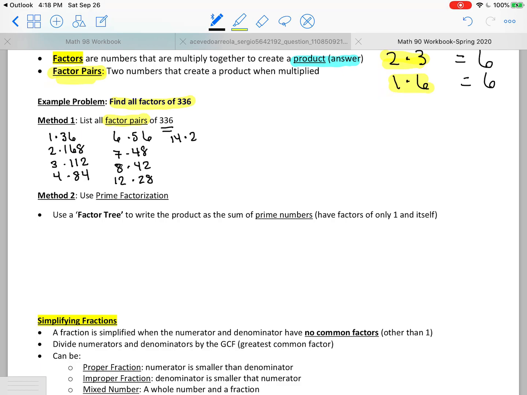So 14, you can see 14 times 24. These two factor pairs are getting closer and closer together. And so we know that we're closing the gap there between those. And therefore we know we won't have any more options. 16 times 21. So that gap there is getting smaller and smaller.